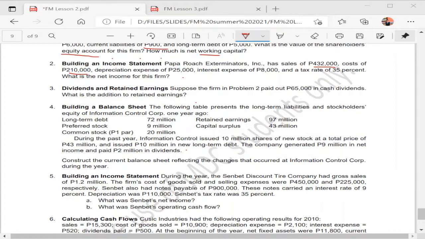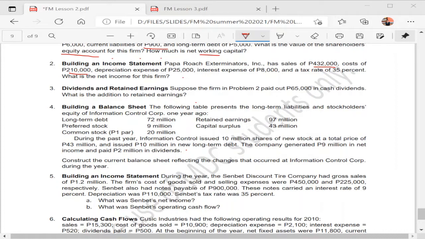There's no identifier as to what type of stock, but most likely, this would be a common stock. This 10 million shares of new stock. Yes, we'll treat this as the common stock. So the answer for preferred stock is 9 million, the same. Therefore, the new issuance is for the common stock.